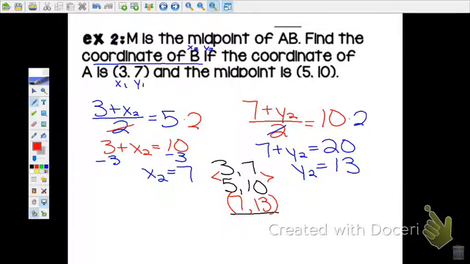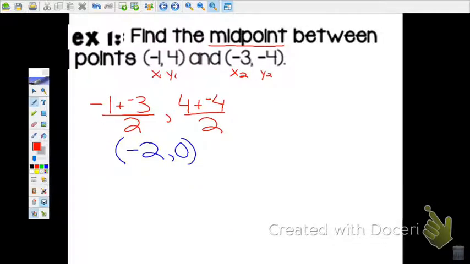With the first problem, when we're looking for the midpoint, it's not really hard to put it into the formula, add them and divide by 2. But if you wanted to do that same kind of thing as what we did previously, one of my endpoints is -1, 4.